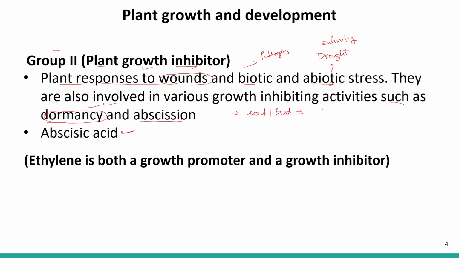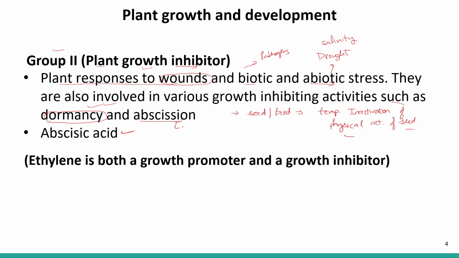So what happens? There is a temporary inactivation of the physical activity of, suppose, the seed. And if favorable conditions are given, then the growth will resume.